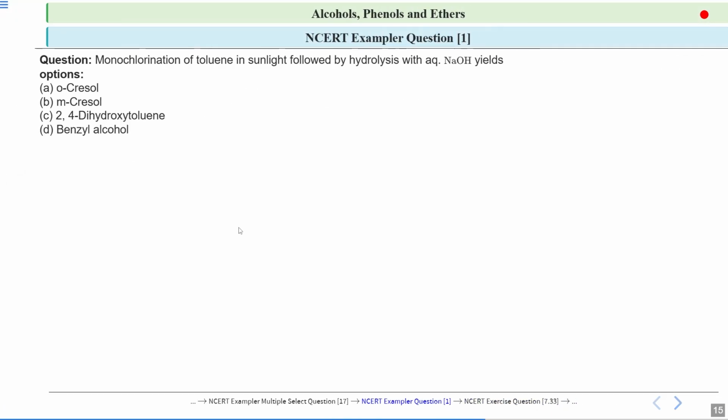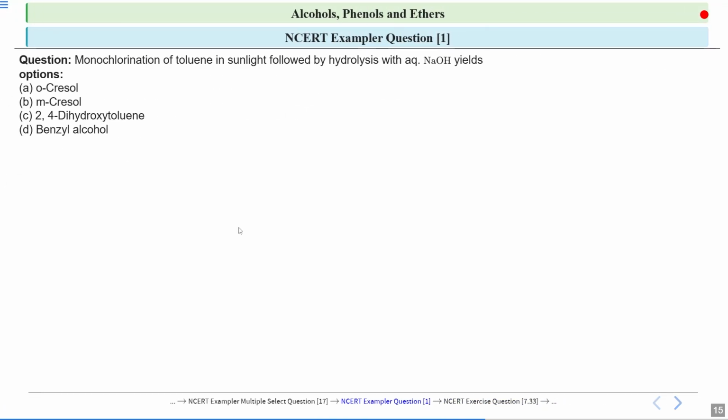Okay, students, so let's move to the next question, that is NCERT exemplar question 1. It is saying that monochlorination of toluene in sunlight, which is followed by hydrolysis with aqueous NaOH, yields. So you have to first see toluene, and there is monochlorination of toluene in sunlight, and this is the first step.